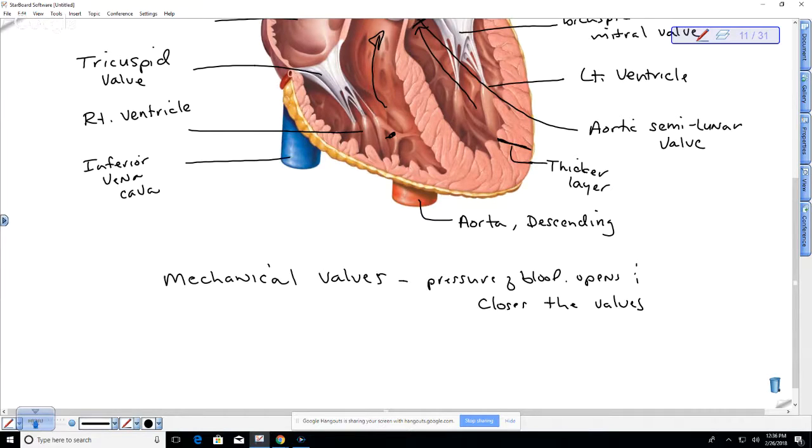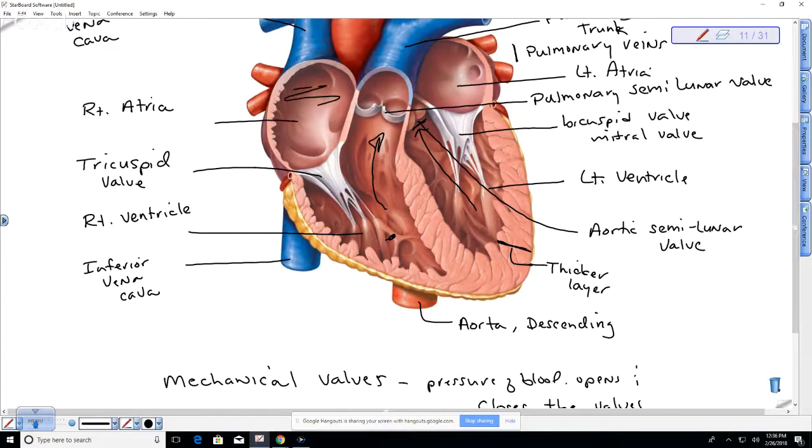So when the atria contract, if this contracts right here, it's going to force that valve open. And then it's going to relax. And when the ventricles contract, because notice how they're connected via this connective tissue to the heart muscle wall, it's actually going to force the tricuspid valve to close.